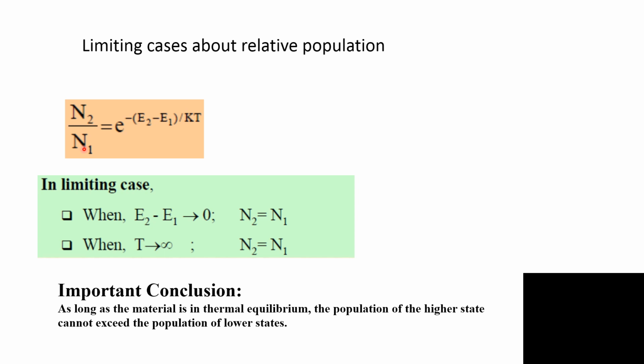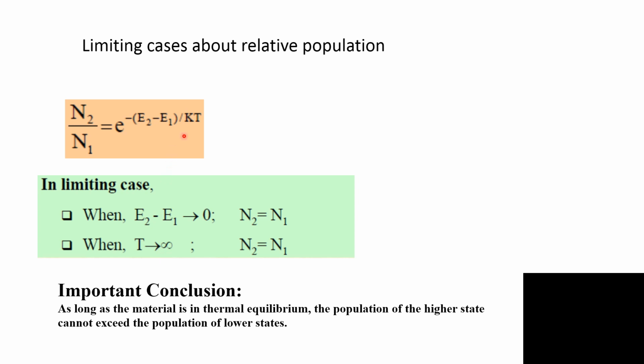This is very rare. We can have that in a metal, because in a metal the energy levels overlap each other, so the population of the lower energy level can be up to the population of the upper energy level. But in a semiconductor or insulator, we can't get this condition. Therefore we call it a limiting case. The next case is when the temperature is very high.